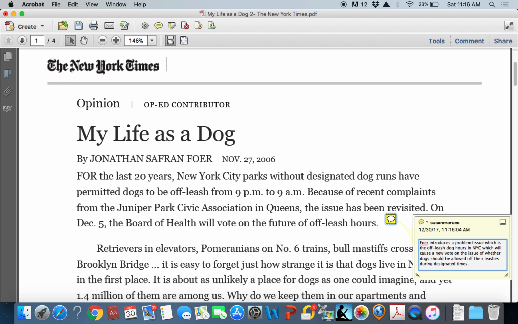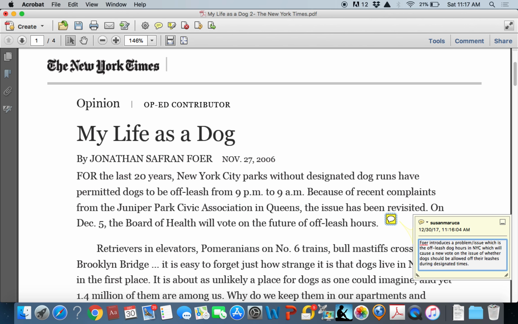So notice that I am specific here. I don't stop with "Foer introduces a problem." I give further information and further detail so that later when I want to recall this, I don't have to reread. I can just look at my notes.